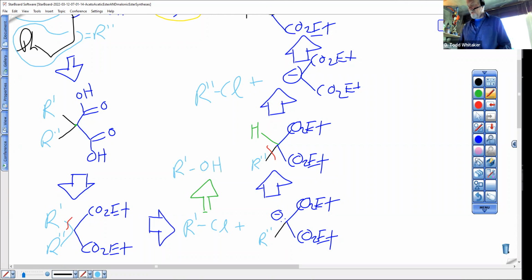Circle it. 5-carbon alcohol is on your list. Where did our double prime Cl come from? Came from another alcohol, but it's not on the list. No problem. We'll work on that when we can.